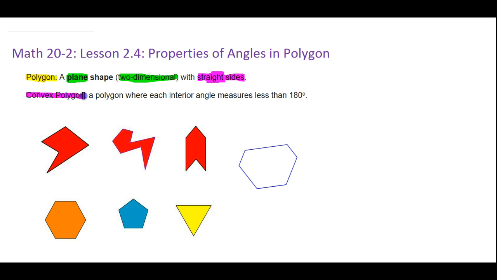Convex polygons are polygons where each interior angle is less than 180 degrees. So if we look at some of these examples down here, we can see in this polygon that we have an angle here that's greater than 180 degrees. So this is not convex, but concave.